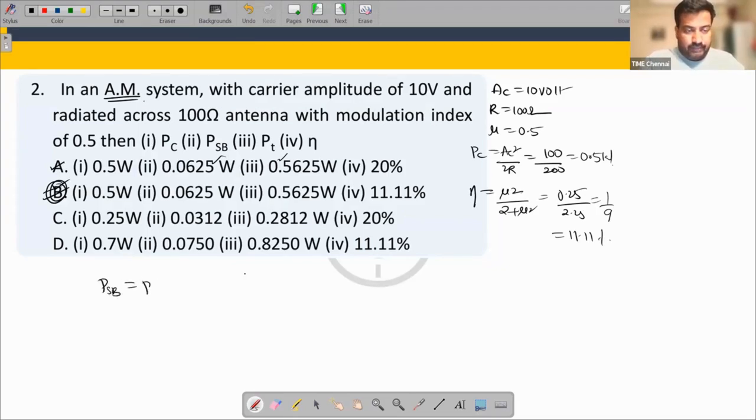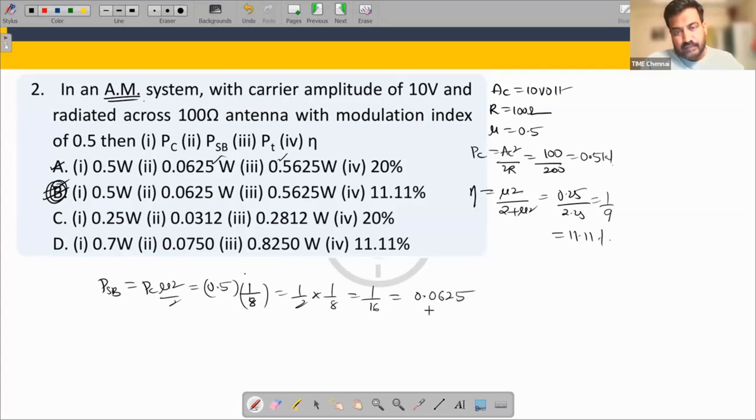Sideband power is PC into mu square by 2. This is 0.5 into mu square by 2. Mu is 1 by 2. Mu square 1 by 4 by 2, 1 by 8. 1 by 2 into 1 by 8, 1 by 16. 0.0625.